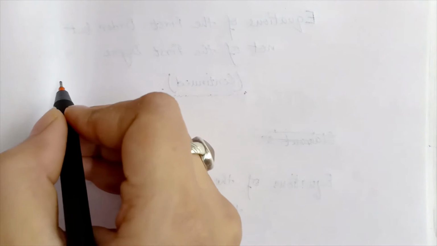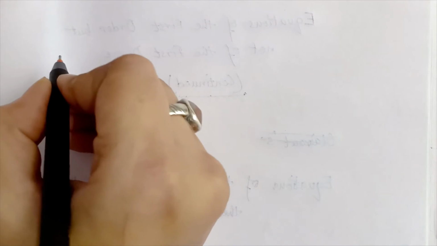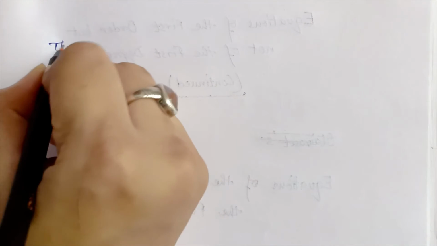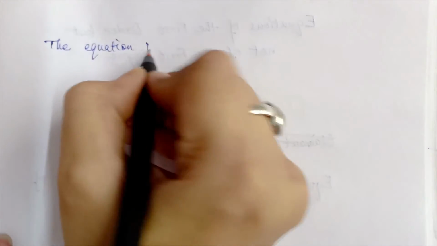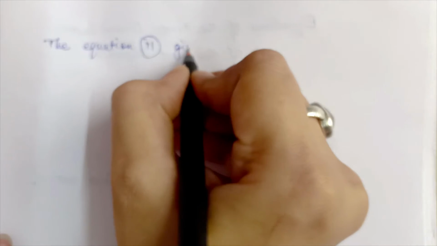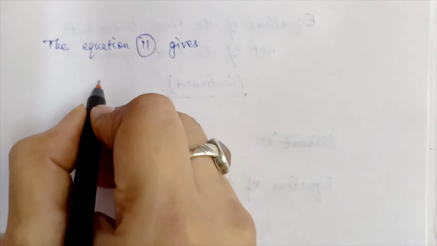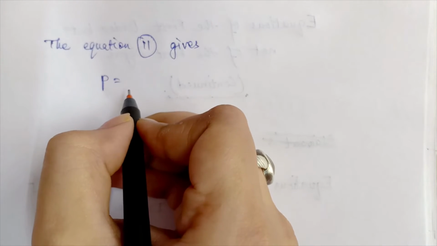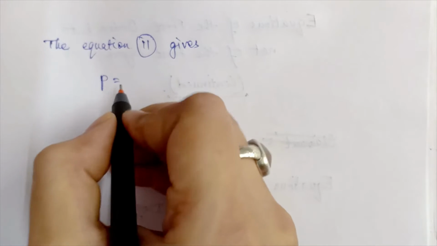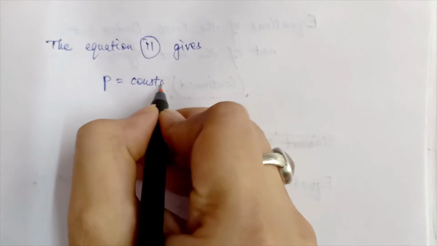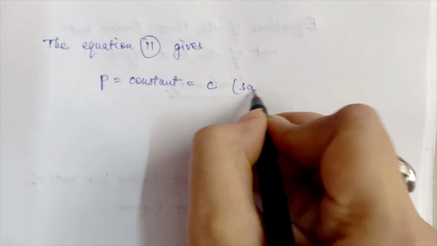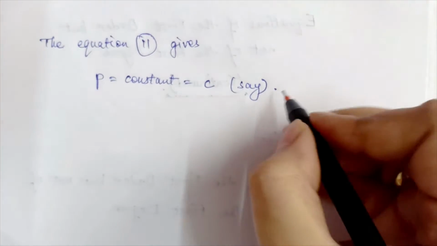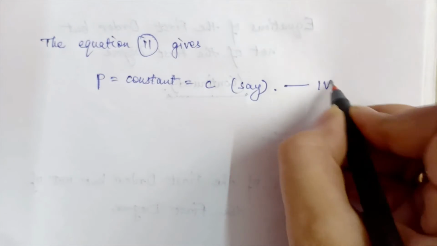Now when we solve equation 2, that relation gives us p equals a constant, let's say c. This we name as equation 4.